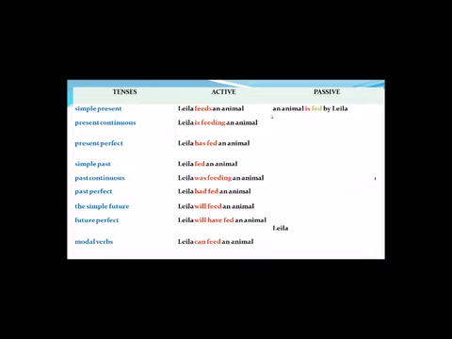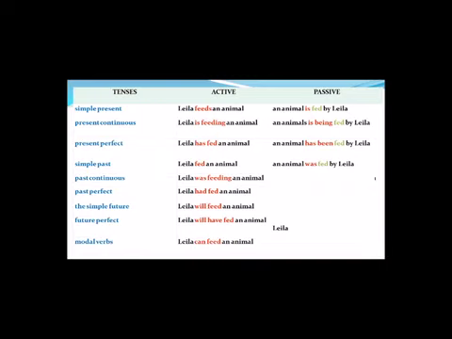Very good. Present continuous: Layla is feeding an animal. An animal is being fed by Layla. Present perfect: Layla has fed an animal. An animal has been fed by Layla. In the simple past, Layla fed an animal. An animal was fed by Layla.